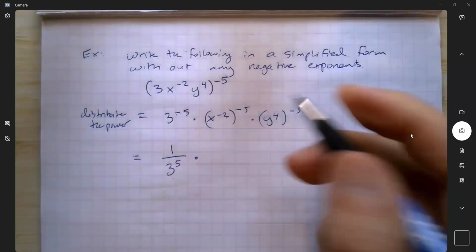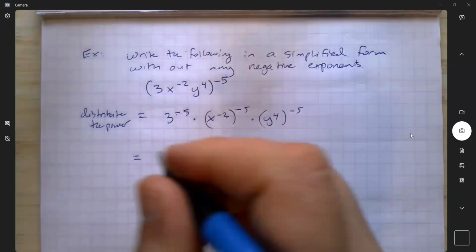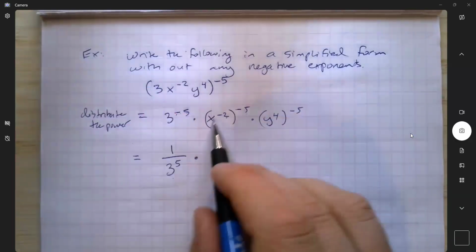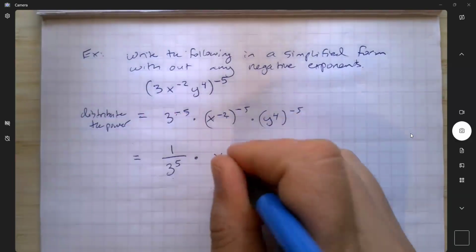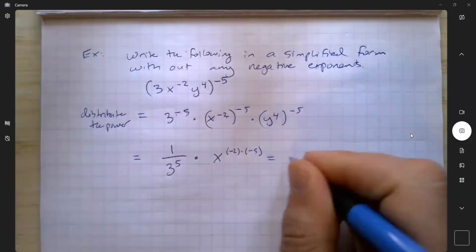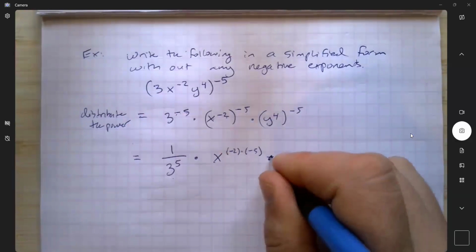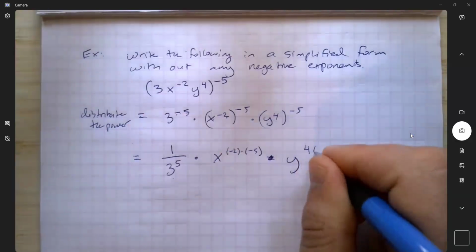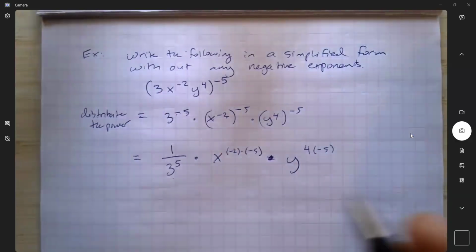X to the -2 raised to the -5, I'm going to use the nested exponents, and that's x to the -2 times -5. And the same thing with the y to the 4 times -5.